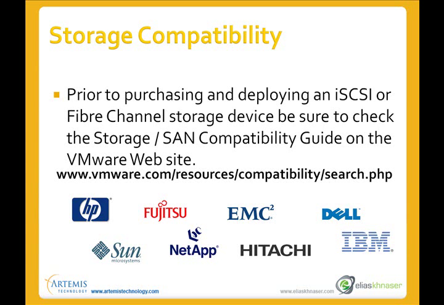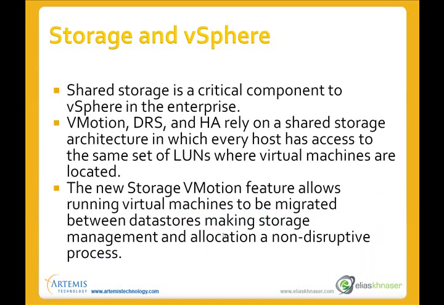Now, storage is important. What type of storage is important? Shared storage is the one that we're talking about. And why is that? Shared storage is a critical component because it allows technologies such as vMotion, DRS, and HA to function. What we mean by that is the different hosts that are going to participate in either vMotion, DRS, or HA need to see the same LUNs, the same storage, before they can perform a vMotion, before they can perform Distributed Resource Scheduler, or before they can participate in high availability.